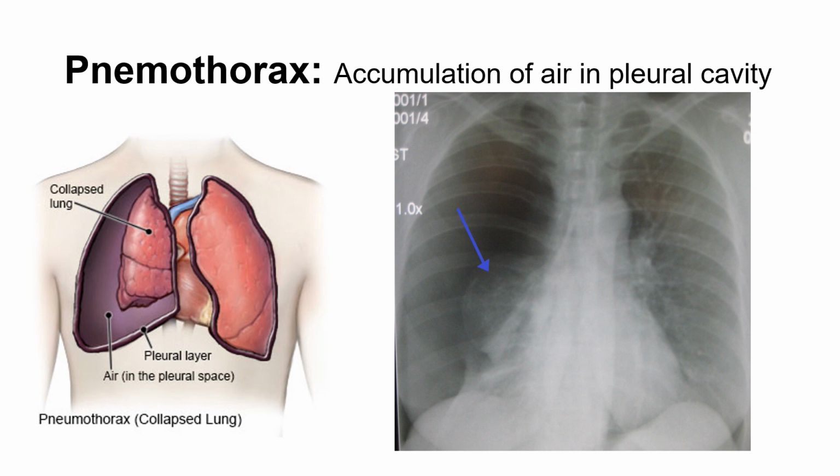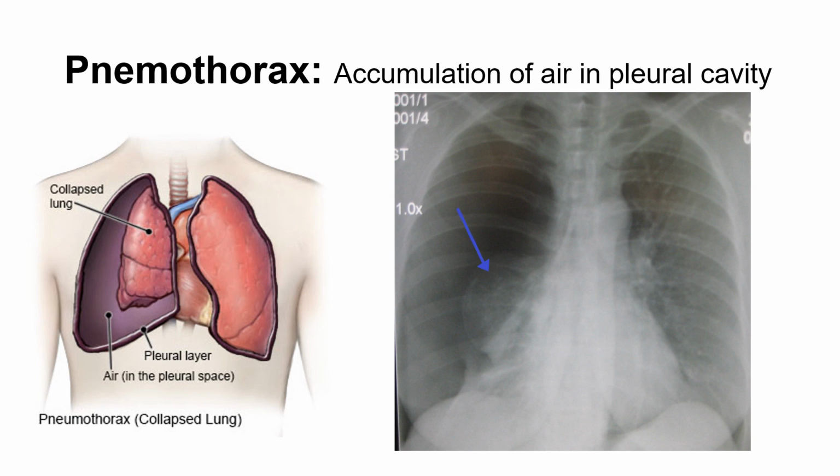Pneumothorax is the accumulation of air within the pleural cavity, and it can be diagnosed on X-ray, where we can see the lining of the visceral pleura, and in the rest of the thoracic cavity there is absence of bronchial markings, as we can see on this side, but we cannot see any bronchial markings on this side because the lung has decreased in size.